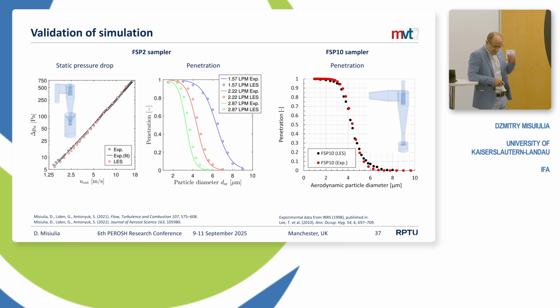The CFD model was validated by comparing the pressure drop and penetration of the FSP2 and FSP10 samplers. As one can see, the deviation between the simulated and measured pressure drop and penetration curves for both cyclones is below 10%, so we can assume that the CFD model can accurately predict the performance of the sampler.